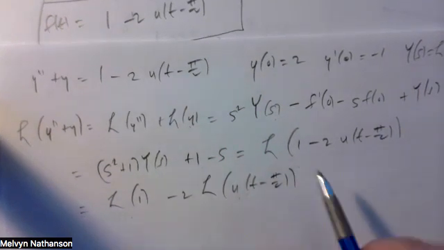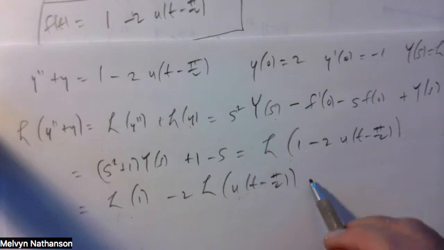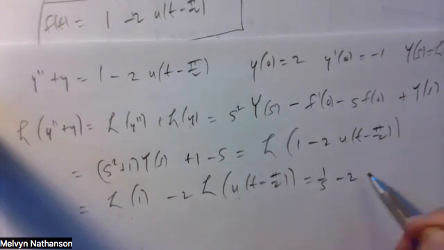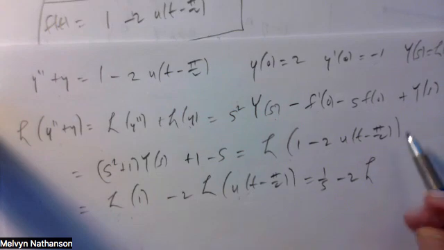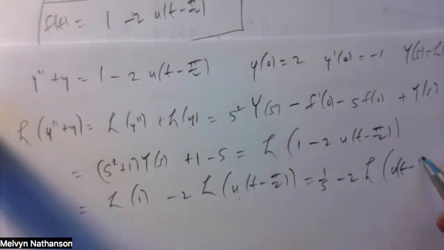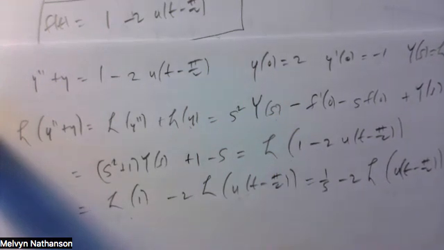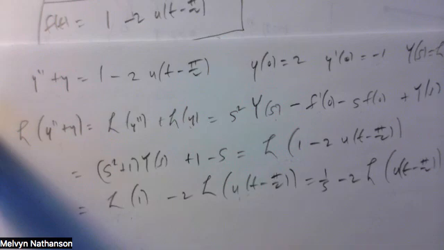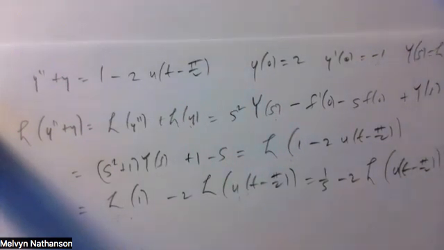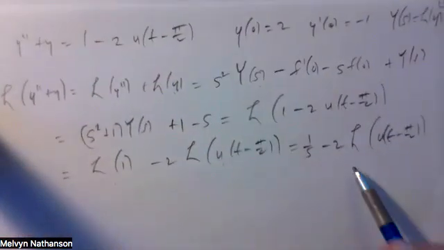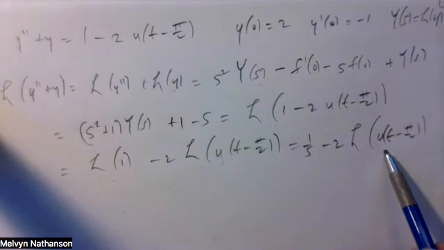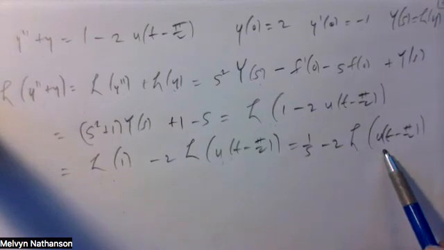And the Laplace transform of 1 is 1 over s, minus 2 times the Laplace transform of u of t minus pi over 2. And what is the Laplace transform of this unit step function translated?